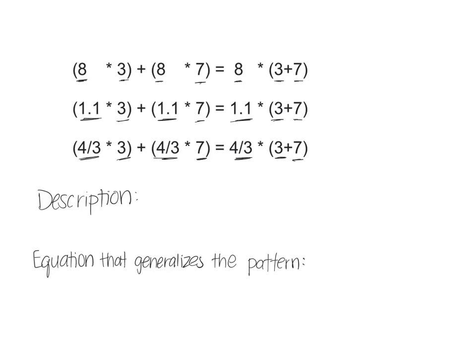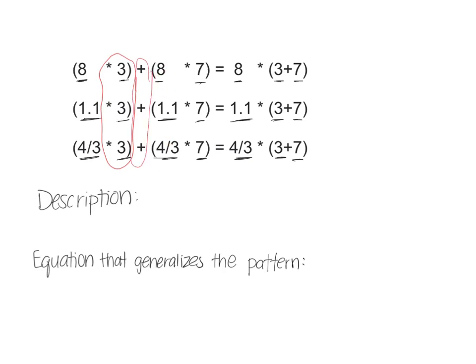As I was doing that, I noticed I had a lot of 3s and 7s. Let's compare among the 3 equations. I see in all 3 of them I have a times 3. Let's keep going. Oh, I also have a plus.